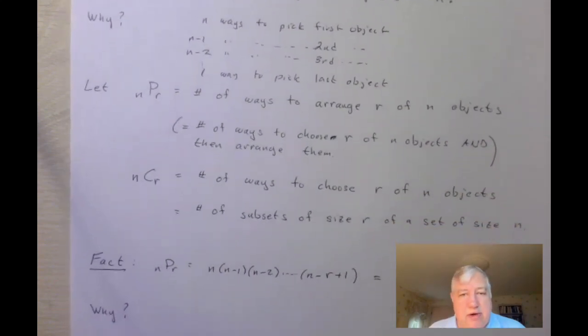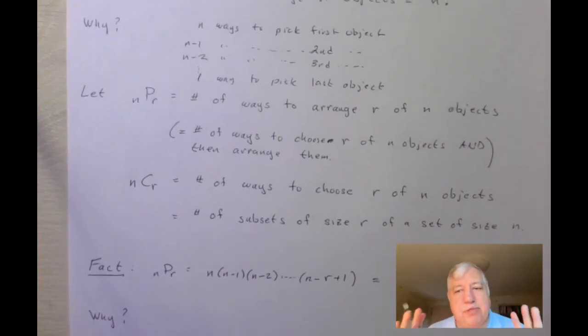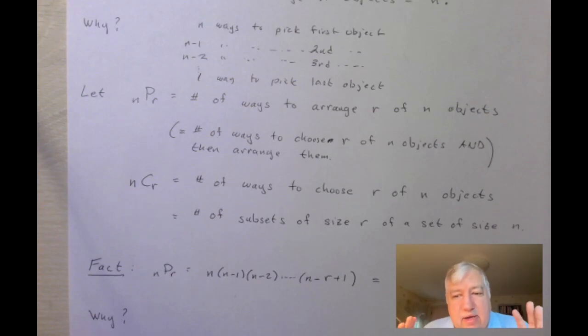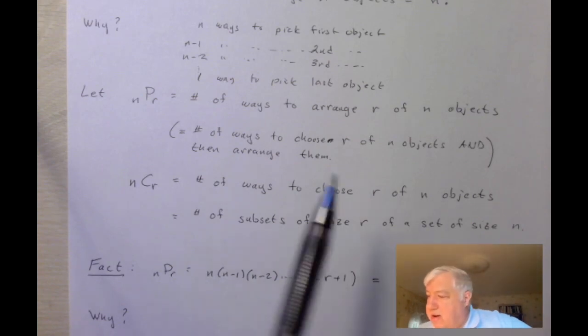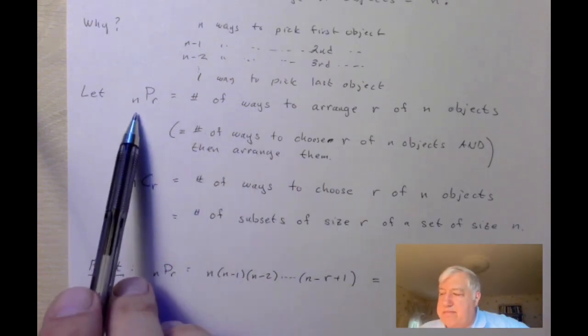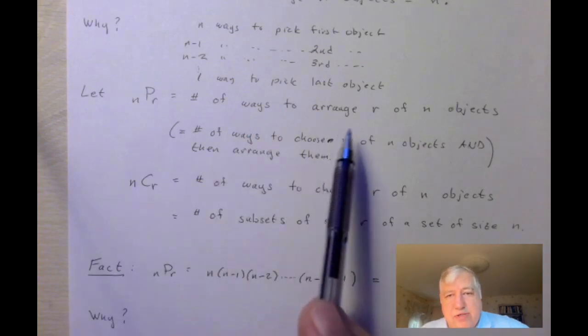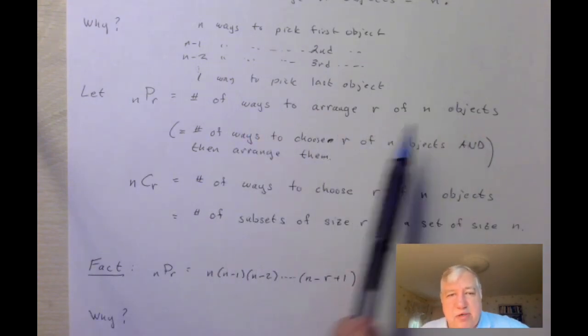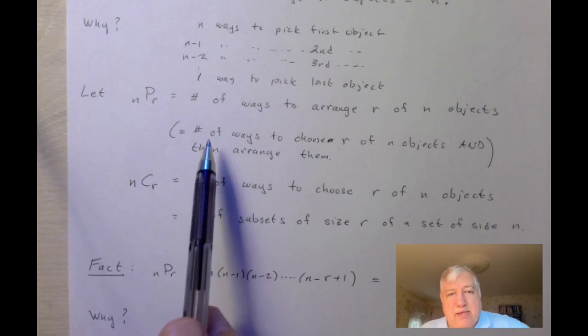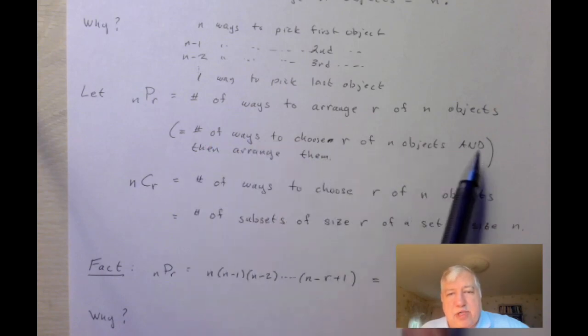Another one is, there are sometimes where you're taking a subset, you're picking some objects from a bigger set of objects and then arranging them. And we have a special formula for that that's called nPr. If you listen to the radio, National Public Radio, that's how I remember this. nPr is the number of ways to arrange r of n objects, or another way of saying it is the number of ways to choose r of n objects and then arrange them.